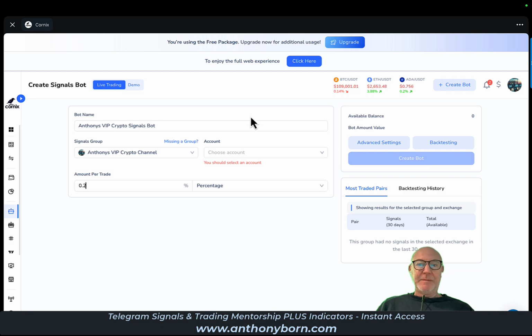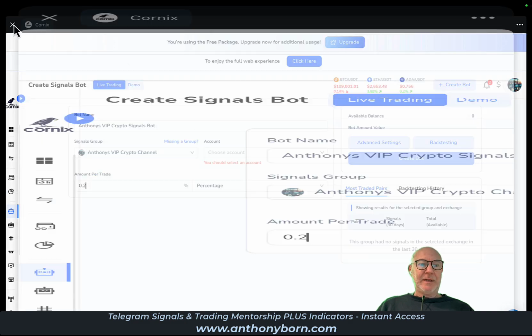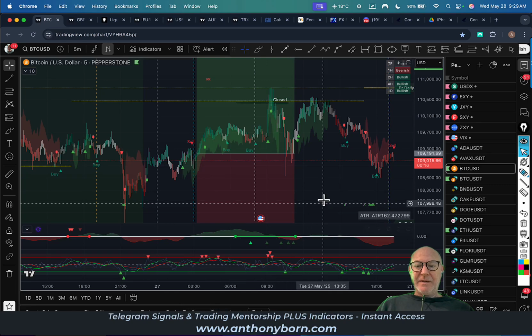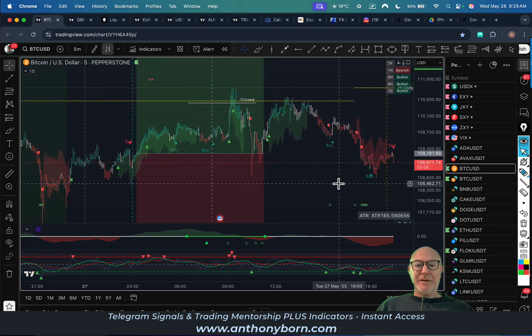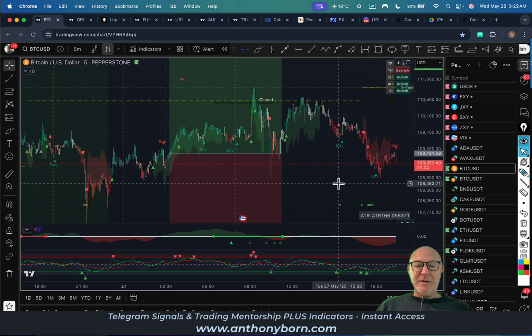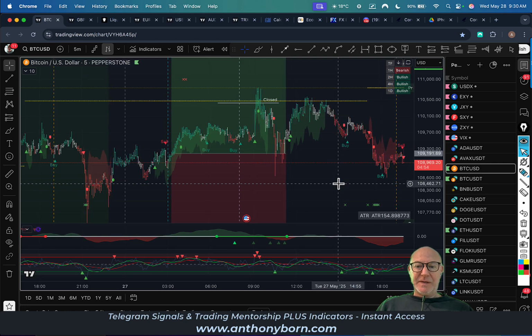Just follow the steps, and you'll be able to automatically copy my trades. Yeah, the results have been really, really good. We've had 2 really solid weeks with the indicators and trading crypto at the moment. So it's fairly new. If you've joined VIP and you're following this, you'll see it over time.